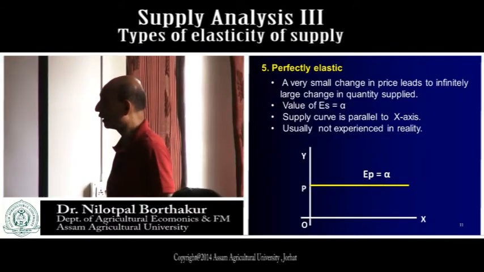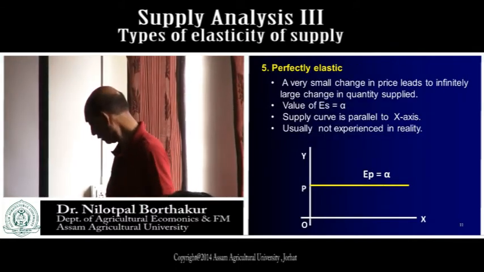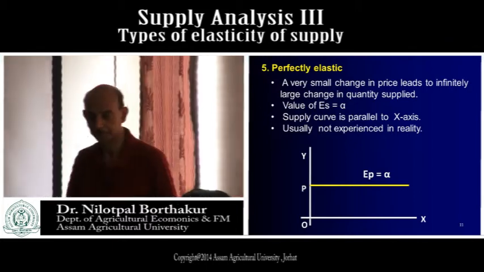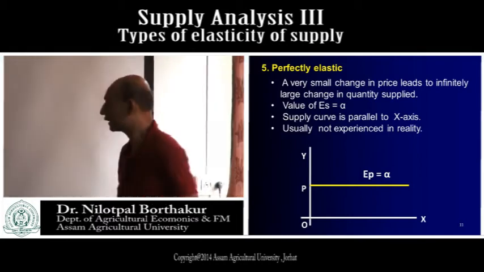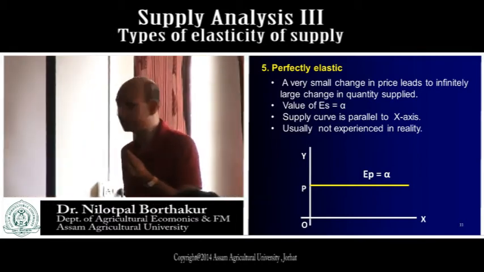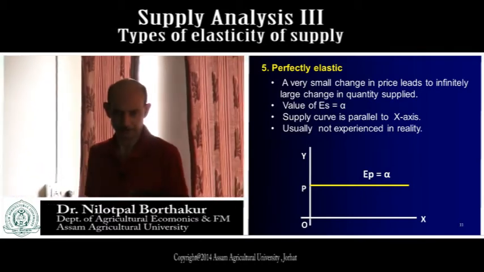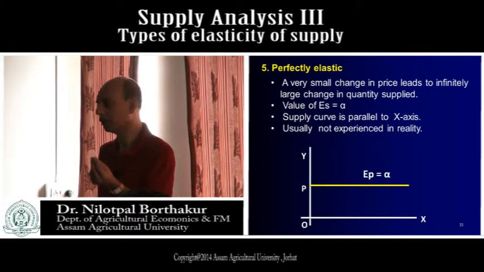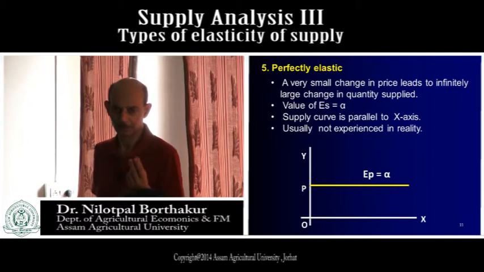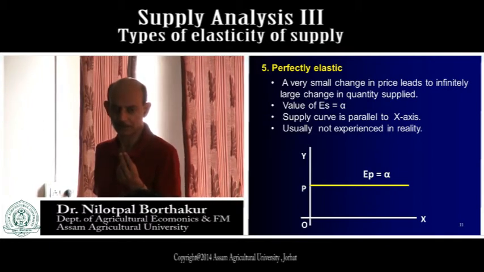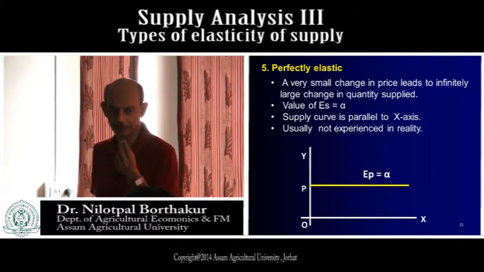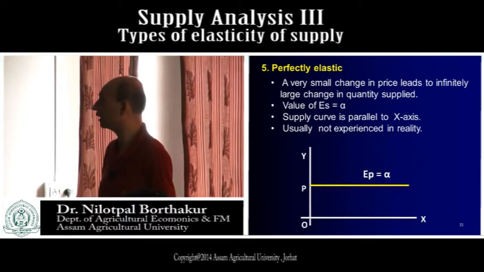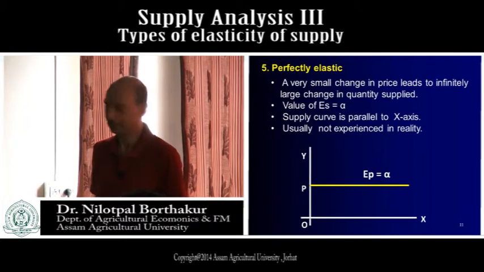Then comes perfectly elastic supply. In this case, for a small change in the price, that is so negligible that we assume that there is almost no change in the price or a very minor change in the price that leads to infinitely large change in the quantity supplied.